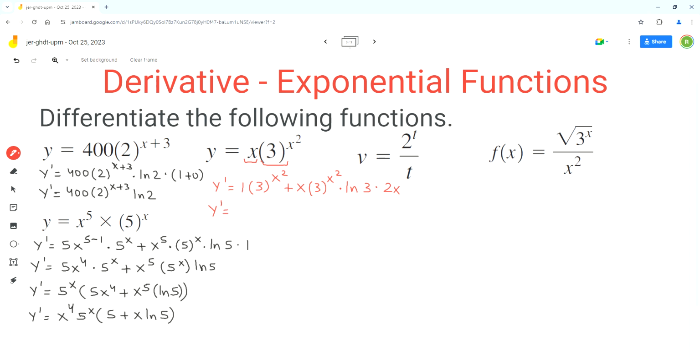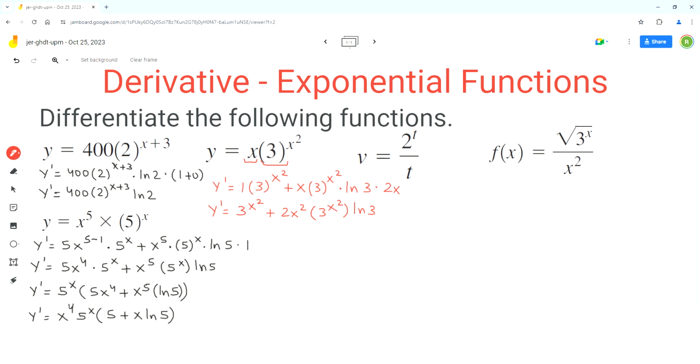So 1 times 3 to the power x squared is 3 to the power x squared, plus, now in the second part, we can multiply x in the front by 2x at the end. So it becomes 2x squared, and then 3 to the power x squared and then ln 3.